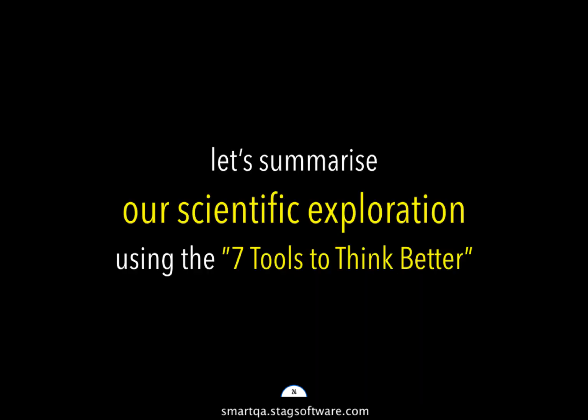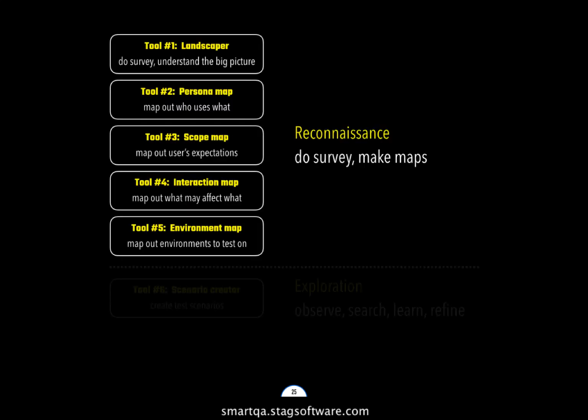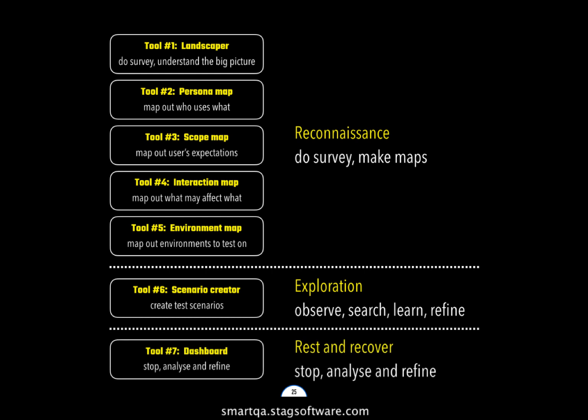So let's summarize our scientific exploration using the 7 tools to think better. The first set of these 5 tools is primarily for reconnaissance. The act of doing a survey using the landscaper and constructing the maps using the tools 2 to 5, which is really persona map, scope map, interaction map, and environment, so that we are ready to explore.